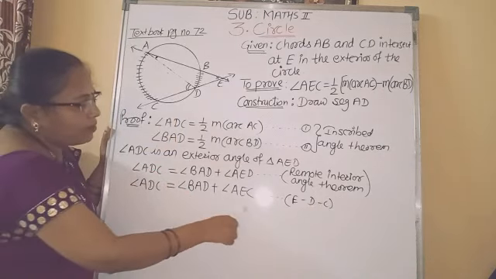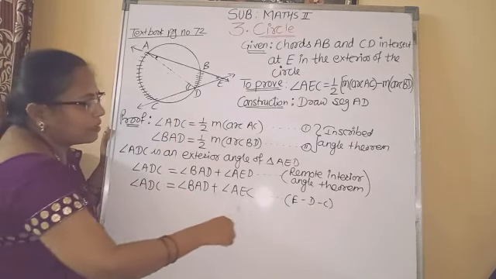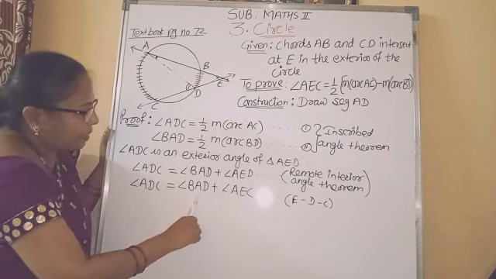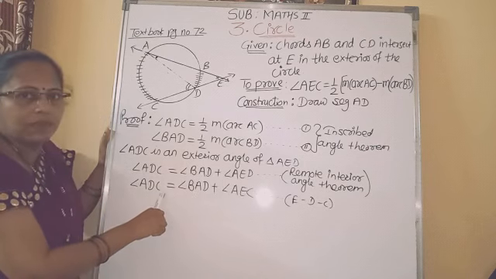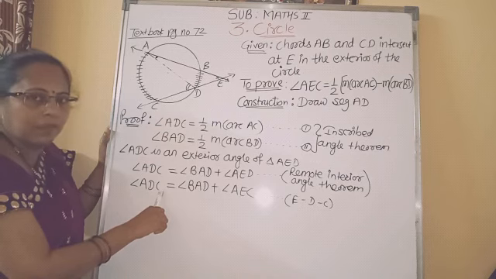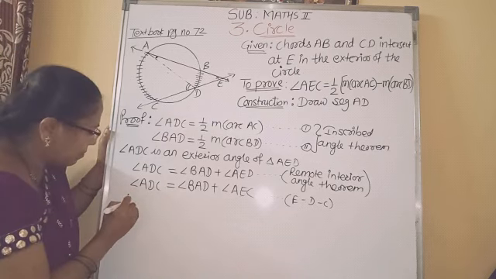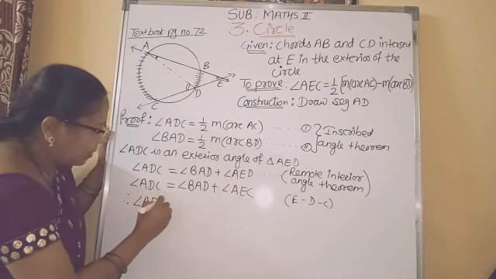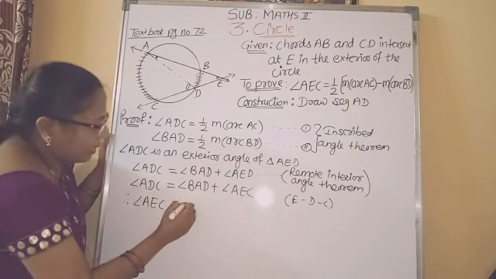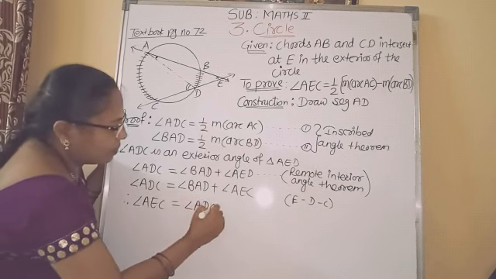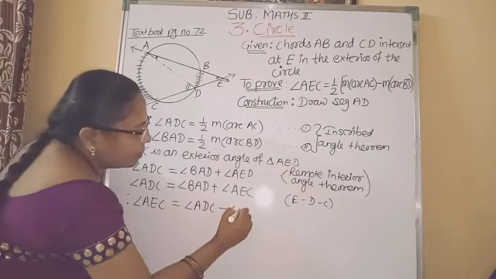Now we want to find out measure of angle AEC. So take this angle BAD on left hand side. So here it gets subtracted. So angle AEC is equal to angle ADC minus angle BAD.